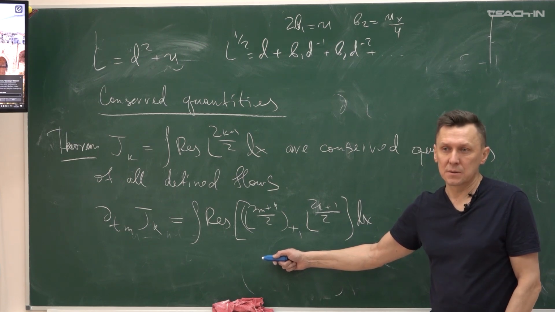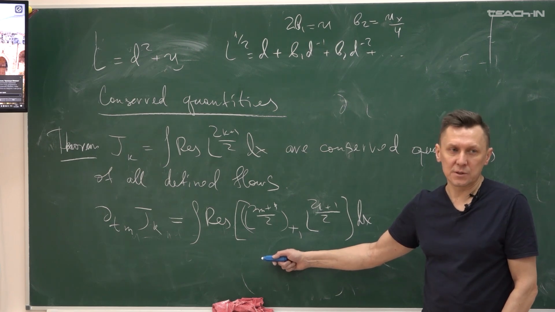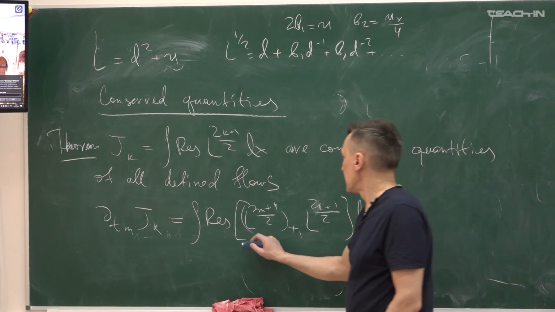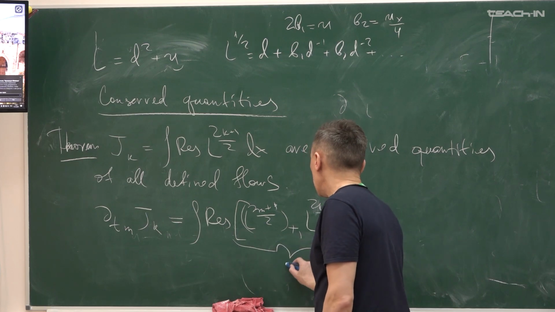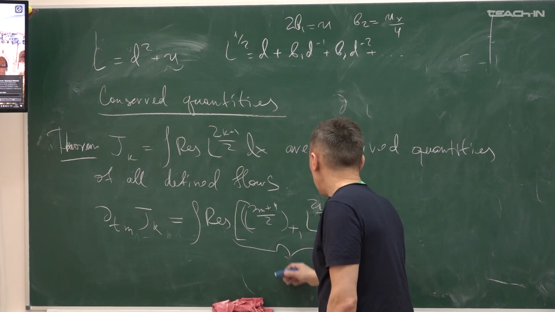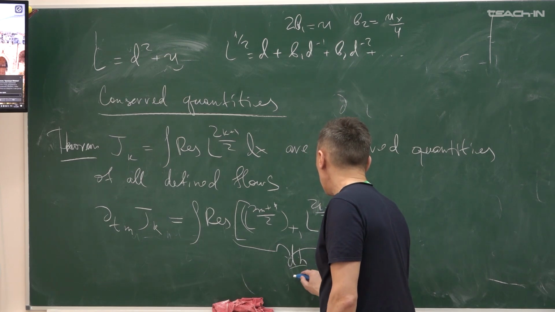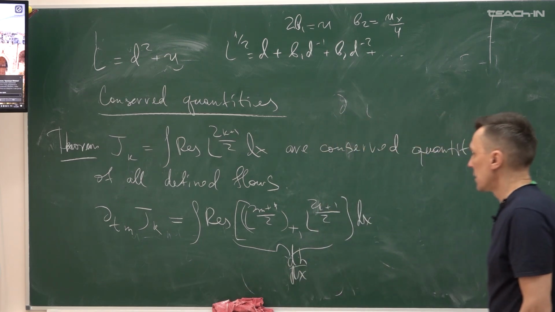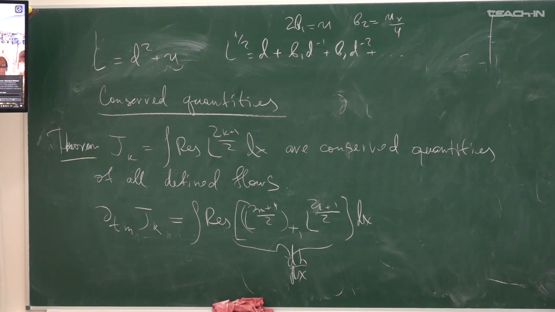It is always exact, always a function which is a derivative of some function, dh over dx, and it is always a function from our space, the space of fast decreasing functions at infinity.